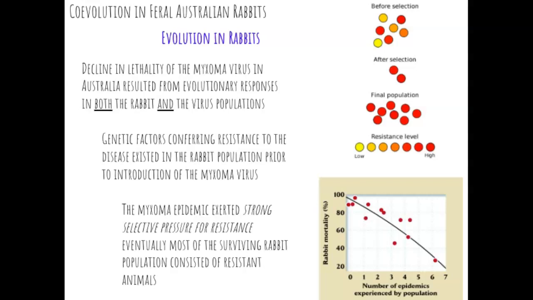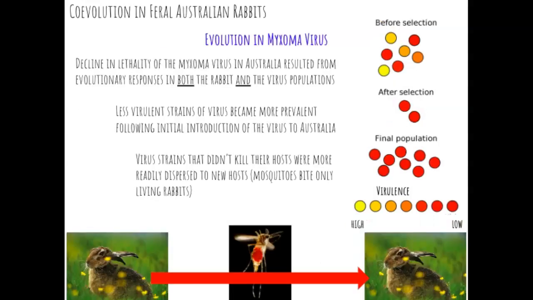So the myxoma epidemic exerted a strong selective pressure for resistance, and eventually most of the surviving rabbit population consisted of resistant animals. And therefore, as you can imagine, the number of rabbits increased again because now these rabbits cannot be killed by this virus. On the other hand, there's evolution happening at the same time through coevolution in the virus.